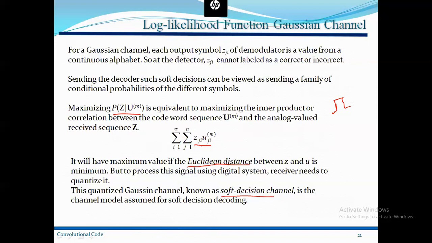So we consider it as a correlation. The amount of correlation is increasing, then reaches a maximum, and then decreases. And with the log likelihood, or with the soft decision decoding, we can find the maximum possible transmitted sequence of this word.